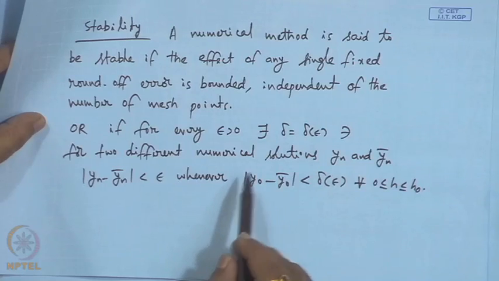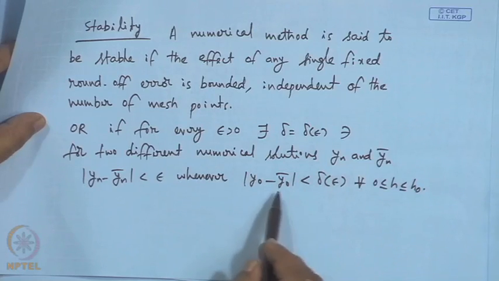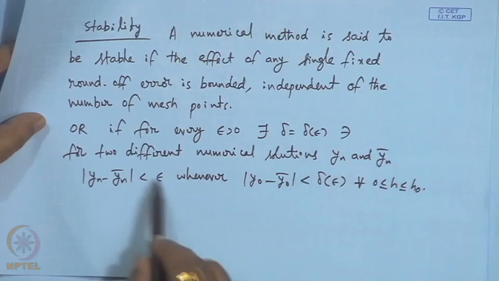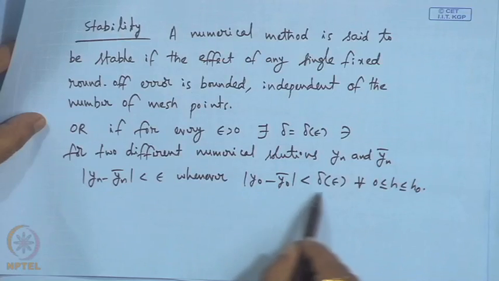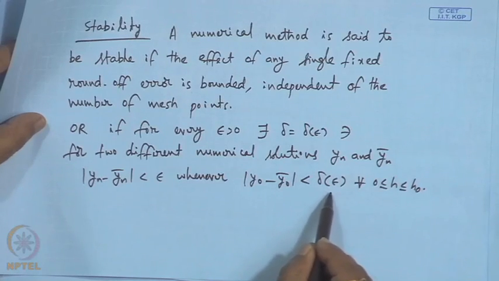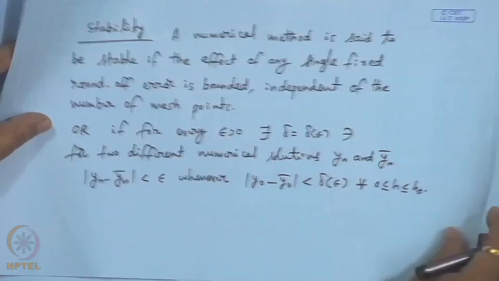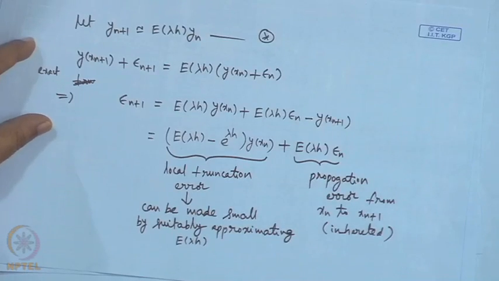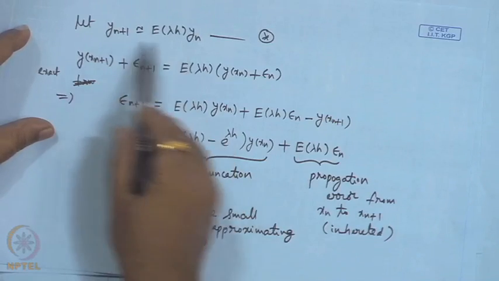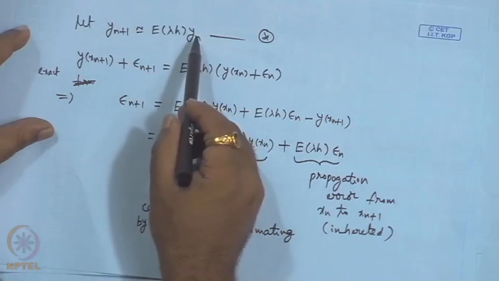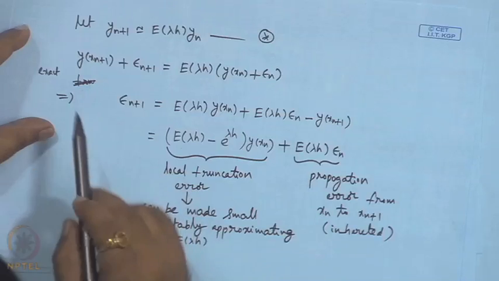That means the approximation should be bounded by epsilon whenever the initial data is within the range of delta, which depends on epsilon, and then we have approximated the given solution of the given IVP.